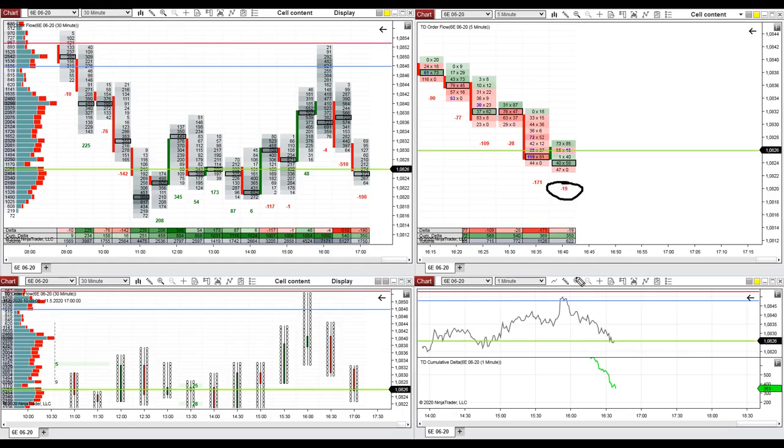Delta around 0. It was positive a while ago. Buyers entering the market. Now it would be a good time to quit the trade if you are still in the trade.